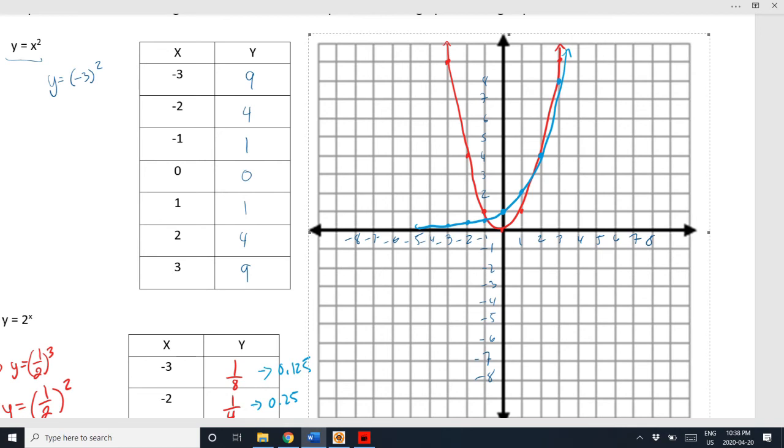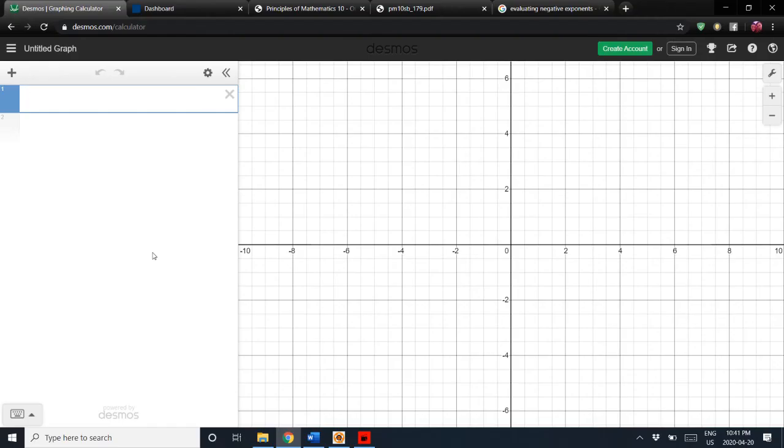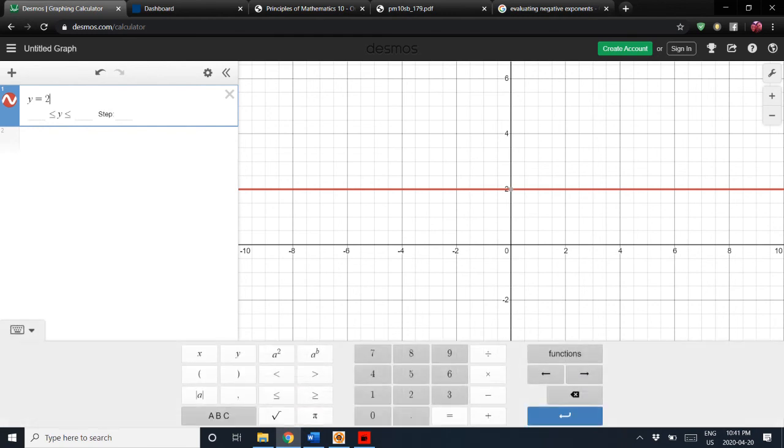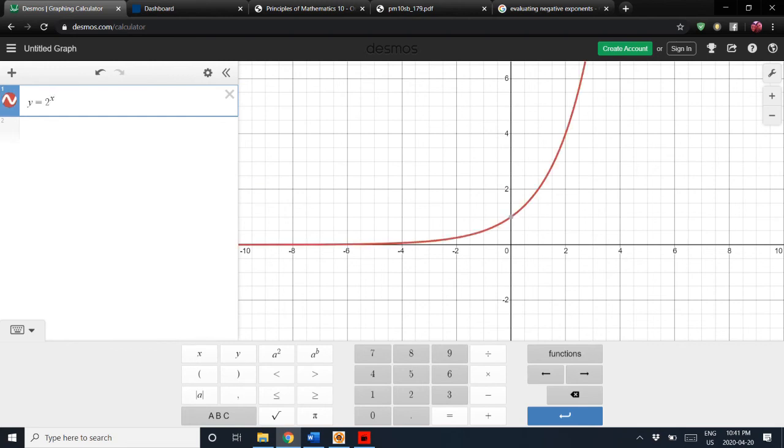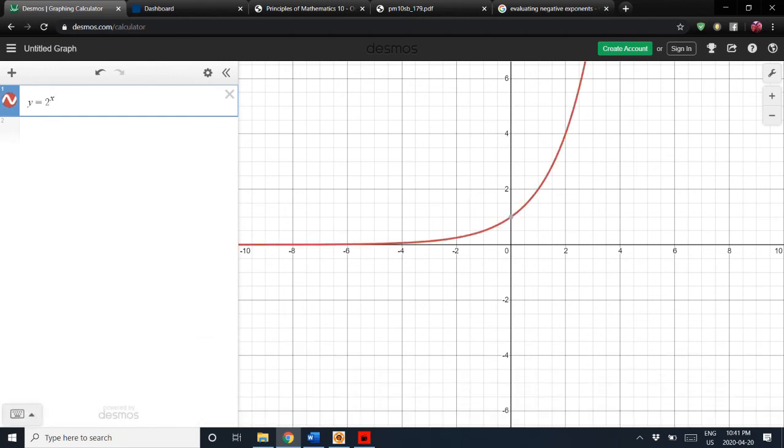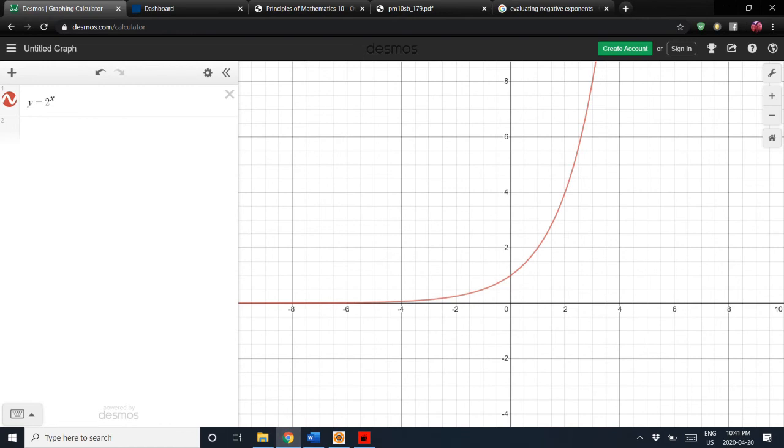Let's switch over to Desmos to look at one cool feature of the exponential function. So here we are in Desmos, and we're going to graph that same exponential equation. y is equal to 2 to the power of x. There's our function, and you can see it looks very similar to the one that we drew by hand.